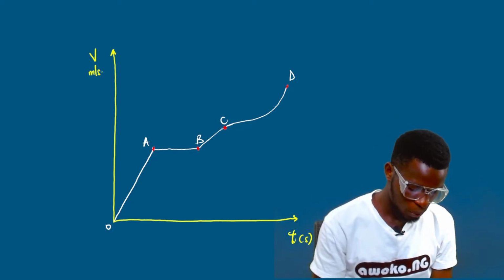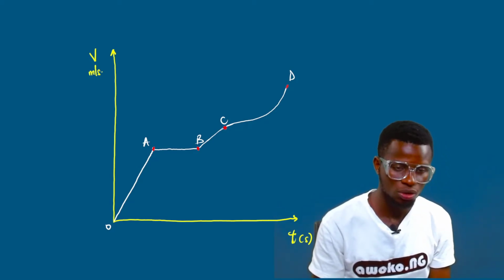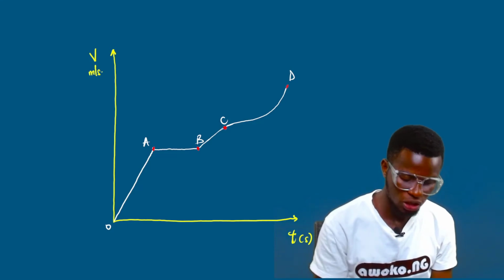Okay, now we can decide to deduce the gradient of each of those points.